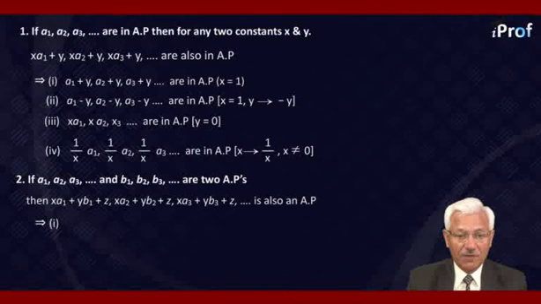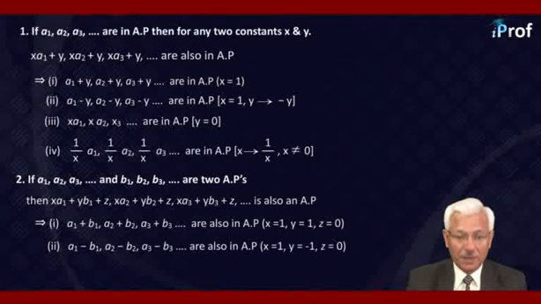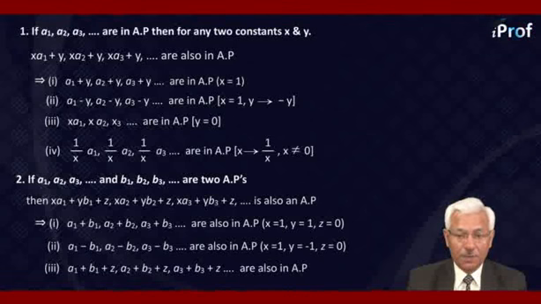That is, A1 plus B1, A2 plus B2, A3 plus B3 is also an AP. Or A1 minus B1, A2 minus B2, A3 minus B3 is also an AP. Or A1 plus B1 plus z, A2 plus B2 plus z, A3 plus B3 plus z, and so on, is also an AP.